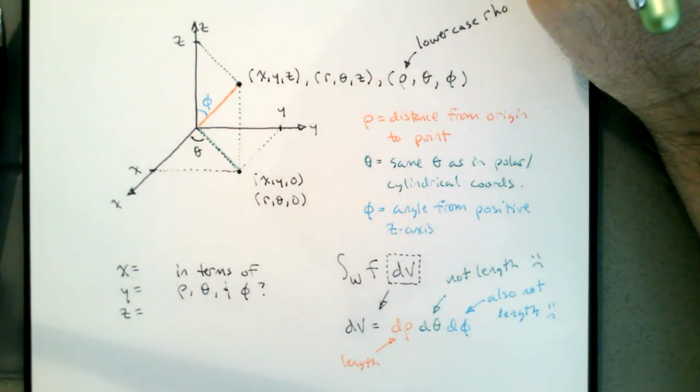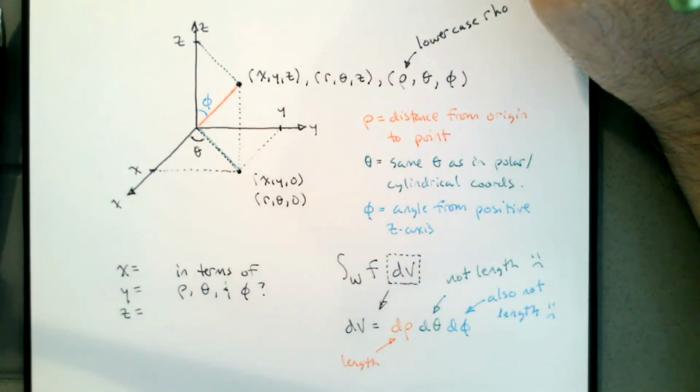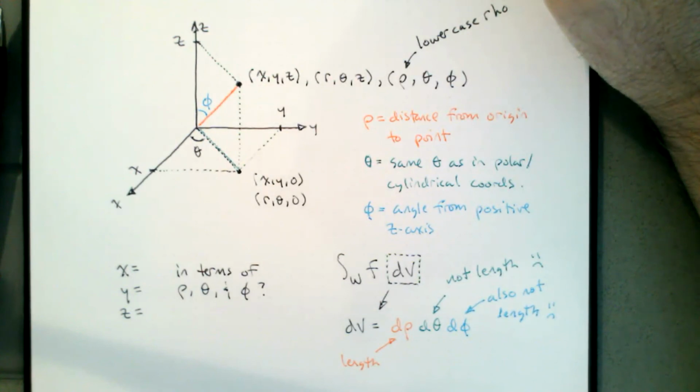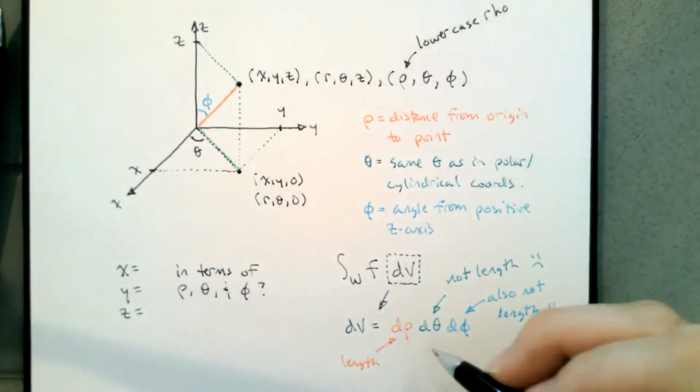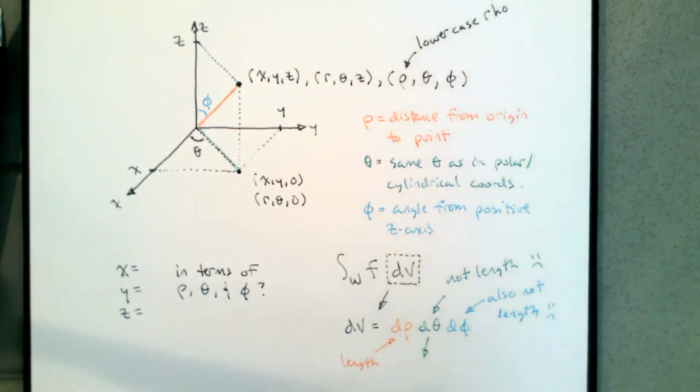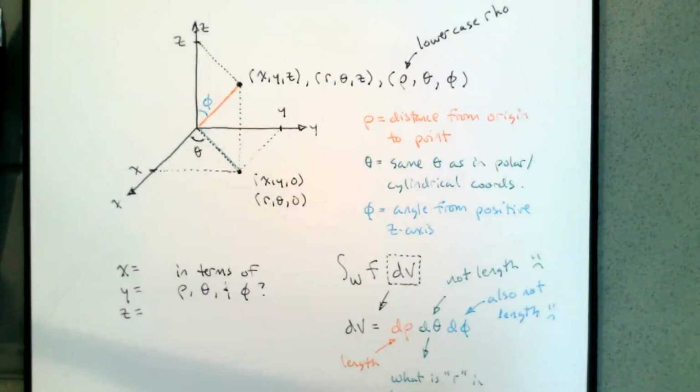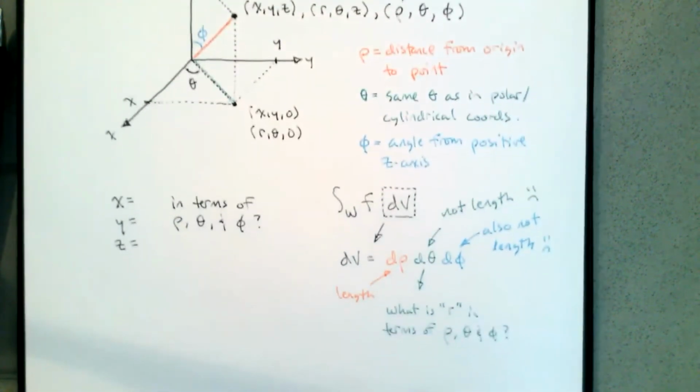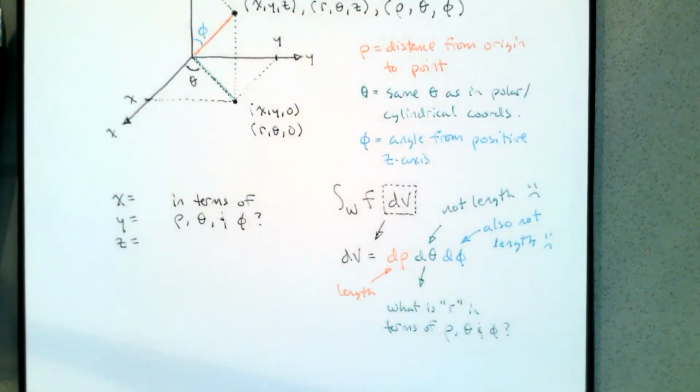We can't use r because there is no r, but we can figure out what r is in terms of rho and phi, or rho, theta, and phi.